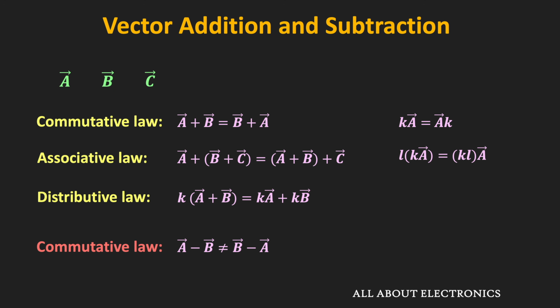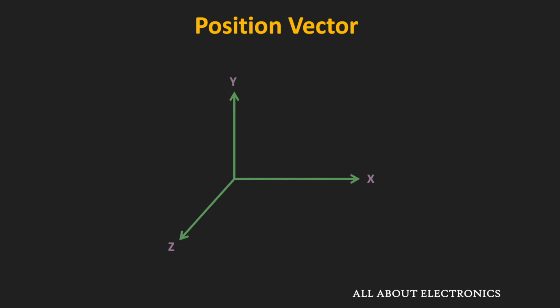All the vectors that we have seen so far are position vectors, because all these vectors originate from some reference point O and they are directed towards some point P in the 3D space. So basically, they represent the position of some point P in the 3D space, and that is why they are called position vectors.